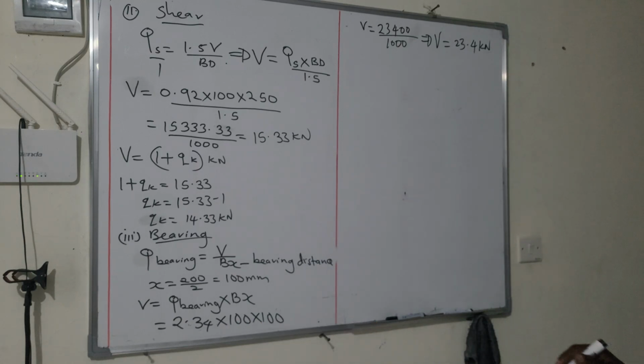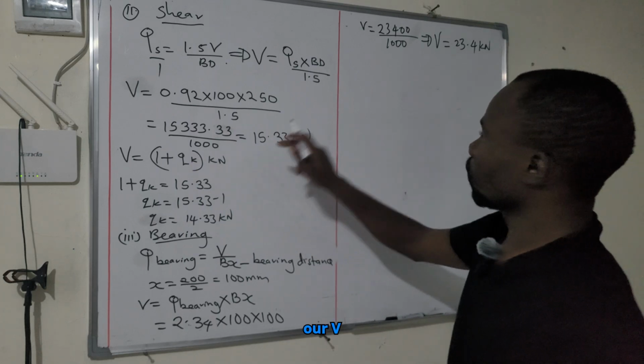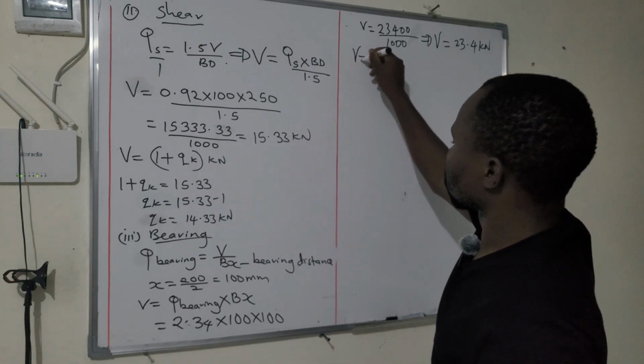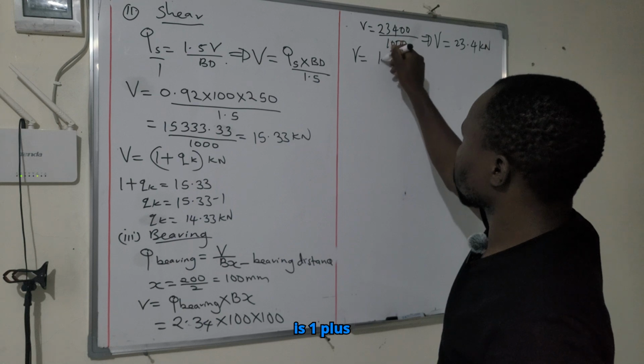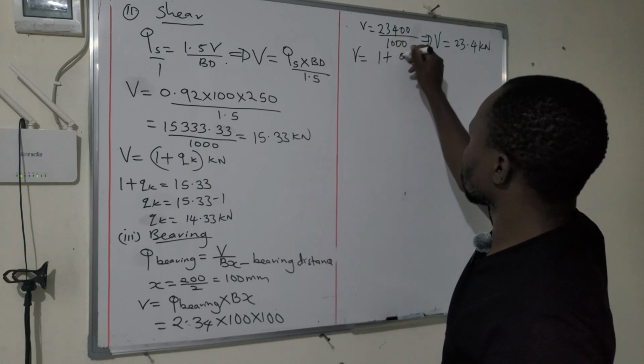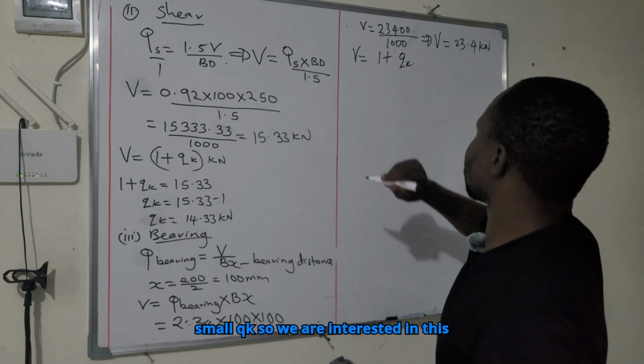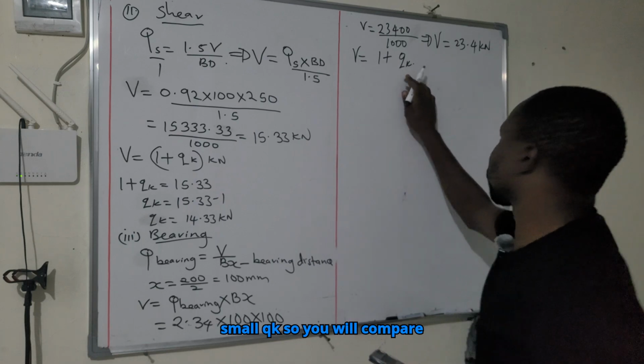Again, remember, our V is 1 plus small qk. So we are interested in this small qk.